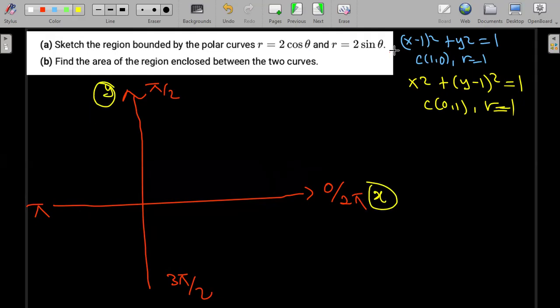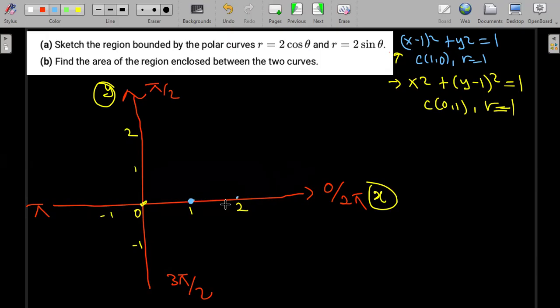So let's sketch this circle and this circle. Here is my 0, and then I have 1, 2, and minus 1, minus 2. The first circle, I'll draw in blue. The center is (1, 0) and the radius is 1.